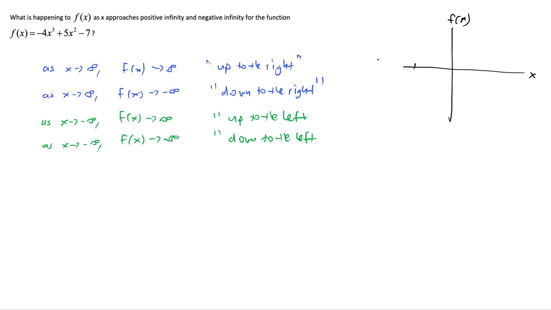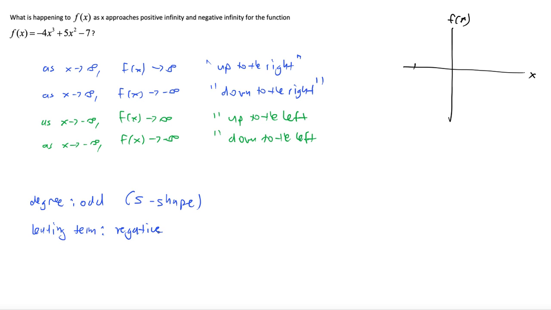So what can we determine? We can determine that this function is odd. The degree is odd, which means we're going to have an S-type shape. If the degree was even, we would have a U shape. But because this is odd, we're going to have an S shape, and the leading term in this case is negative.